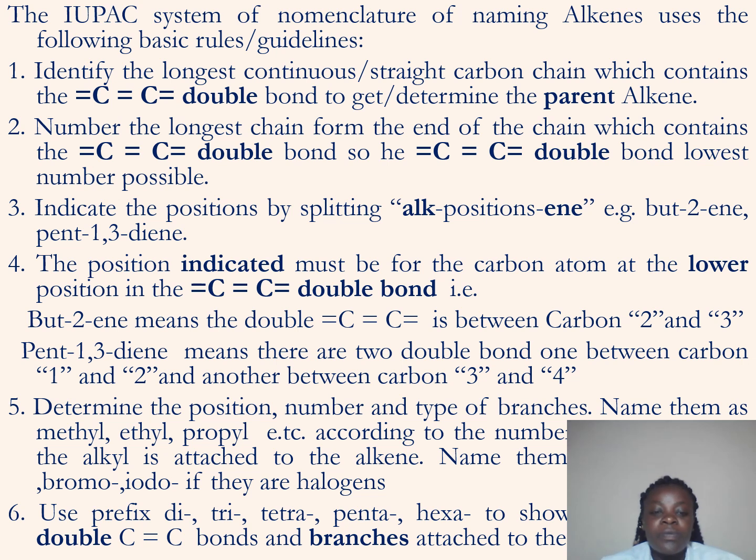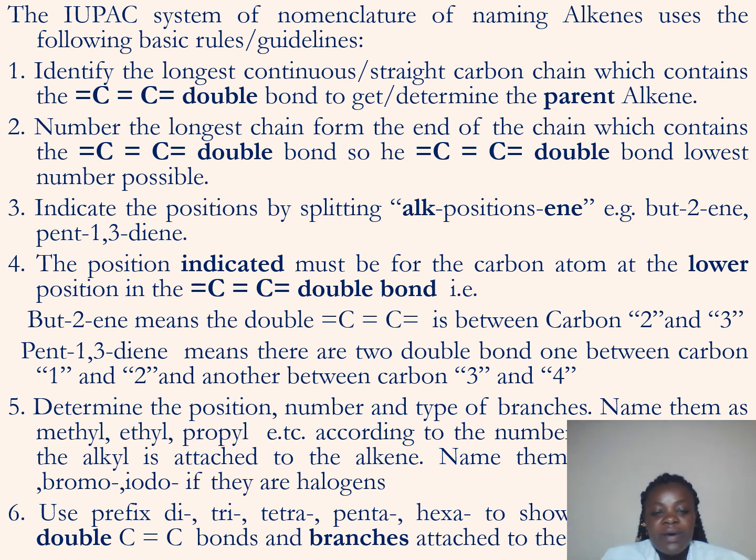For the halogens, we have the fluoro from fluorine. If it is a bromine substituent, we call it bromo, iodo for iodine, and so on. Then, for these branches, you must show the position or the carbon atom that these groups or these branches are what? Are attached. So you must give the position.